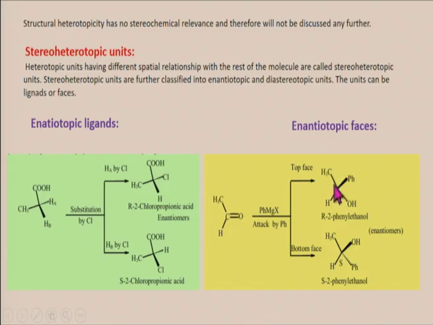Now, you can see R 2-phenyl ethanol and S 2-phenyl ethanol are different. These are the enantiomers obtained by attack of phenyl magnesium bromide, and this phenomenon takes place through the face, so we call it enantiotopic faces.